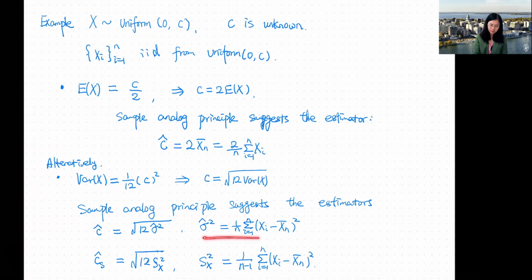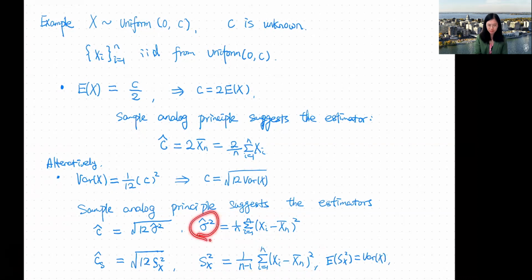So these two estimators are almost the same except the constant in front of it. This estimator is unbiased for the variance of X. So this estimator has the property that it is unbiased for the population variance.